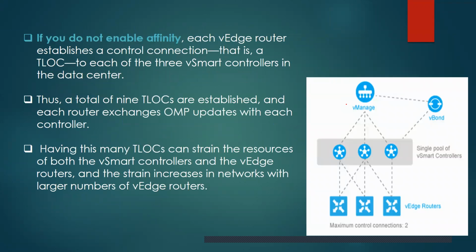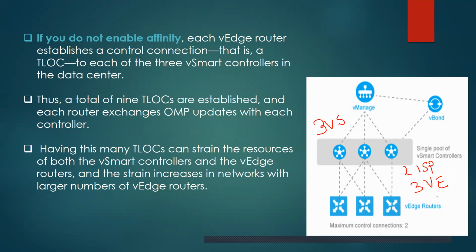So if we have such a type of diagram, you can see here that suppose in my network, I have 3 vSmart and 3 vEdge. Okay, then how many control connections will they form? Suppose you have 2 ISPs. You got my question?